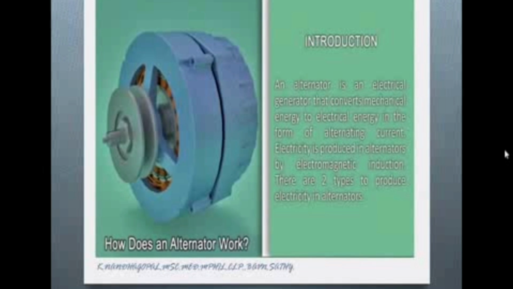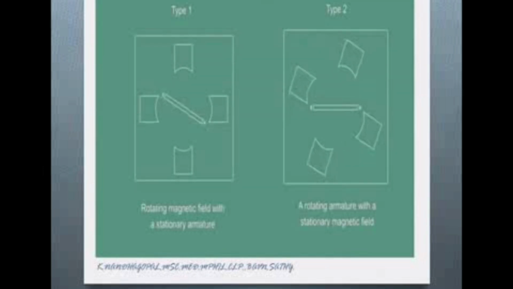An alternator is an electrical generator that converts mechanical energy to electrical energy in the form of alternating current. Electricity is produced in alternators by electromagnetic induction. There are two types of production of electricity. Type 1 is a rotating magnetic field with a stationary armature: the coil is stationary but the magnetic field rotates. Type 2 is a rotating armature with a stationary magnetic field.